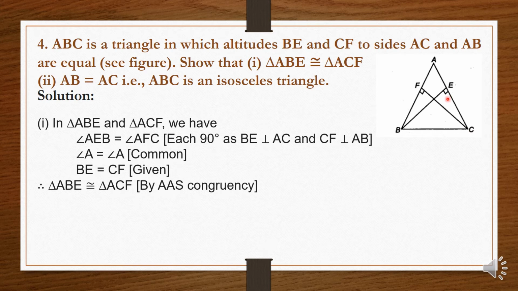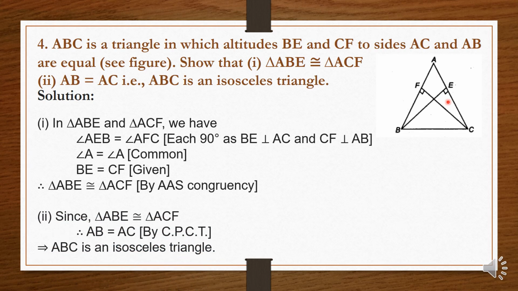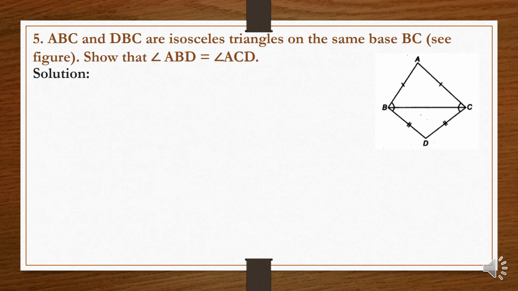Since we have already proven these two triangles are congruent, by CPCT AB equals AC. From the name also we can see AB is equal to AC. Now since two sides of the triangle are equal, triangle ABC is an isosceles triangle.